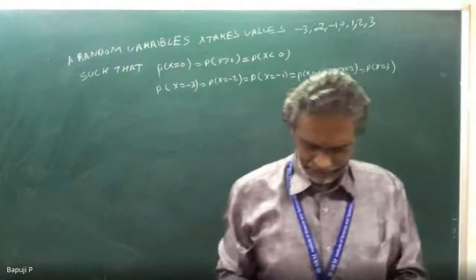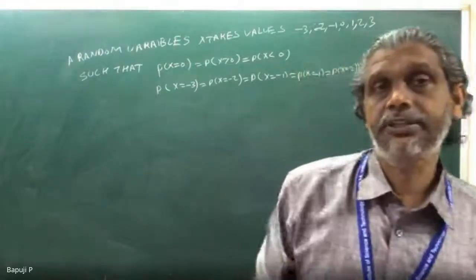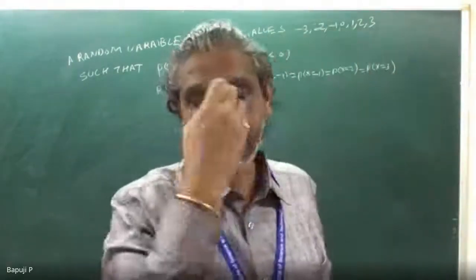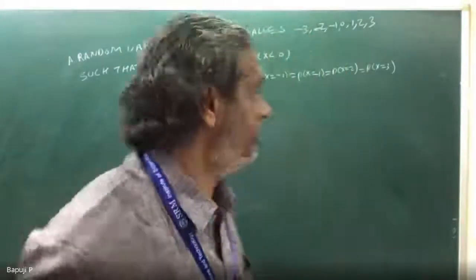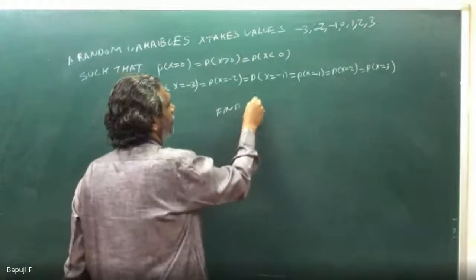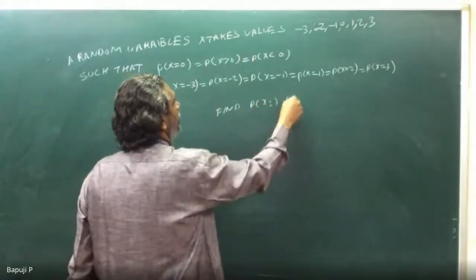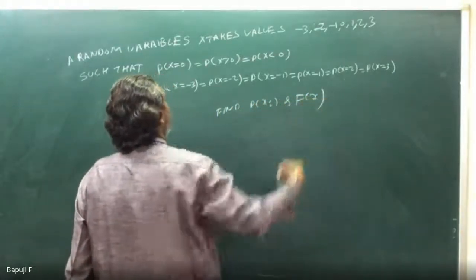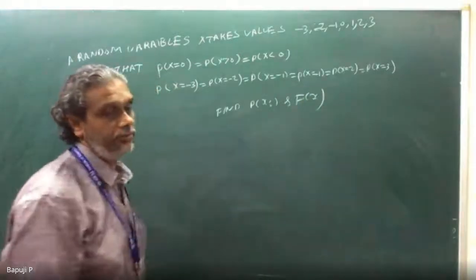And the probability distribution function and the distribution function of x. So the mass function is asking what is capital F of x. Find the P of x and F of x. And now we will find out.